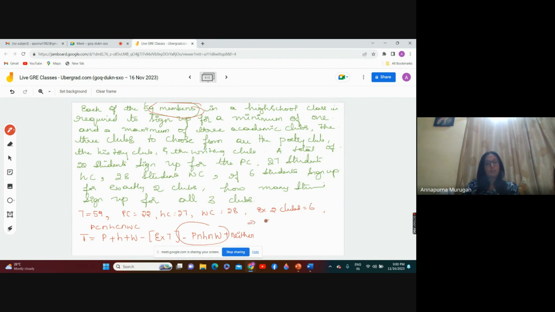So total is 59, equal to 22 plus 27 plus 28 minus 6 minus, let us take it as x here. Let us shift this to this side and then this to this side. 22 plus 22 is 44, plus 27 is 71, minus 59.